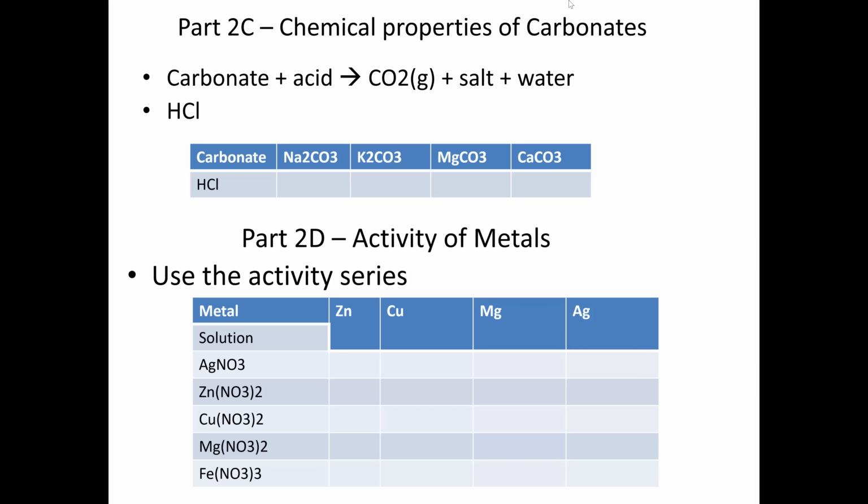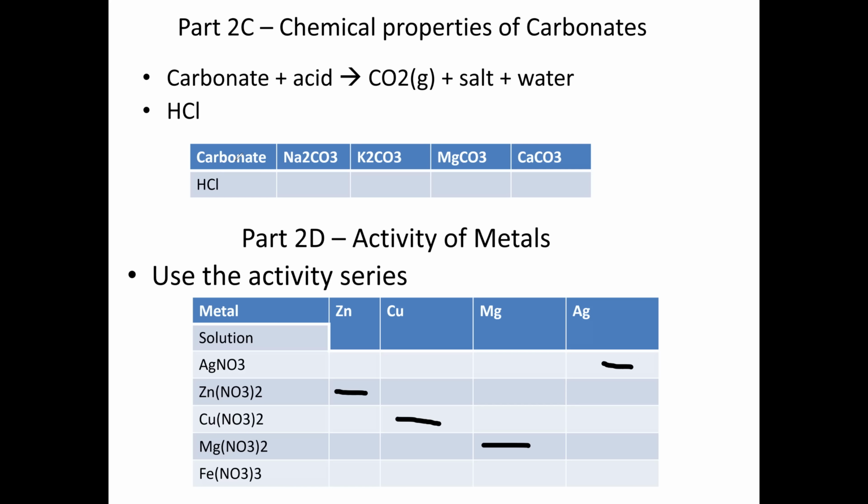Now, when you're filling out this table, please bear in mind that if you take zinc and react it with zinc nitrate, there shouldn't be anything. So you don't have to fill this one in, this one in, this one in, or this one in, because it shouldn't react with itself. If it does, there's something wrong with your experiment. So zinc should not react with zinc nitrate.